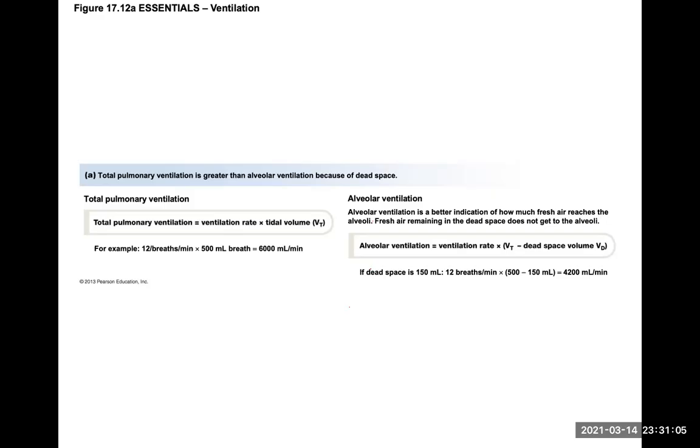An estimate of the anatomical dead space is most commonly about 150 milliliters. So that's your ventilation rate times your VT minus the dead space. Something like 12 breaths per minute times 500 minus 150 gives you 4,200 milliliters per minute. That's an estimate.